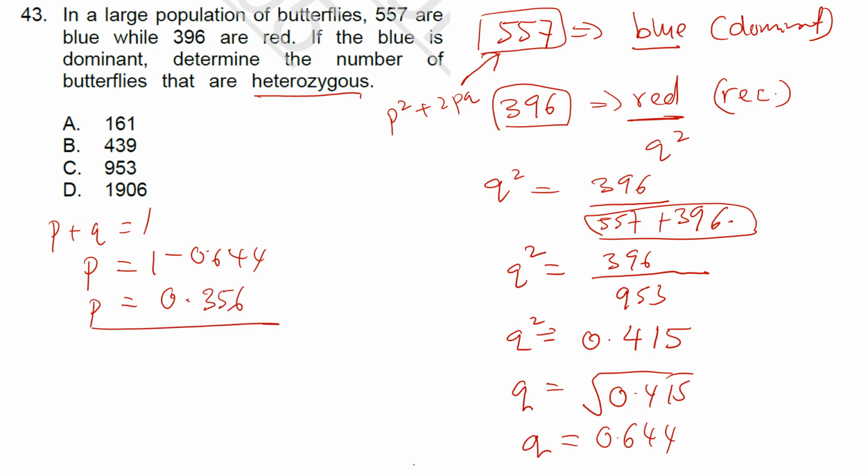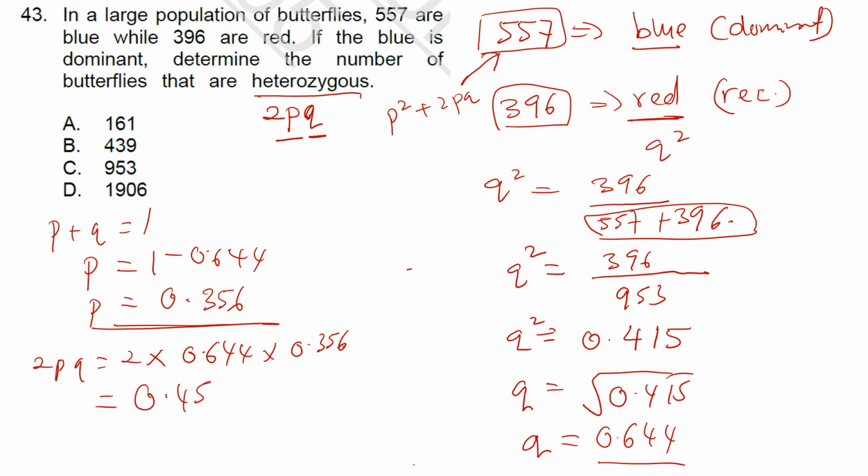0.356. Okay, so the question asks you to determine the number of butterflies that are heterozygous. So heterozygous, it takes the value 2PQ. So now you have the value for P, you also have the value of Q. So 2PQ equals to 2 times value of Q, which is 0.644, times the value of P, 0.356. So the frequency of the heterozygous will be 0.458.